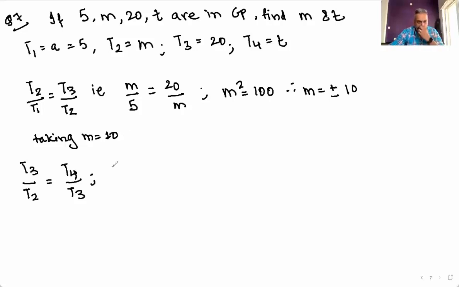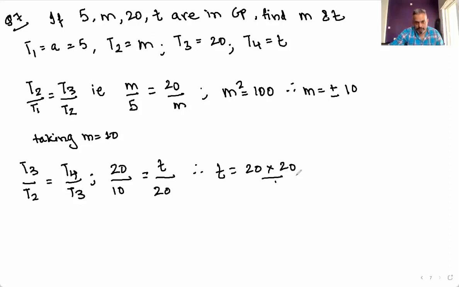So T3 is 20 upon T2 is m. So m we take as 10 is equal to T4, that is T upon T3 is 20. Therefore, T is equal to 20 into 20 upon 10, which is equal to 40.